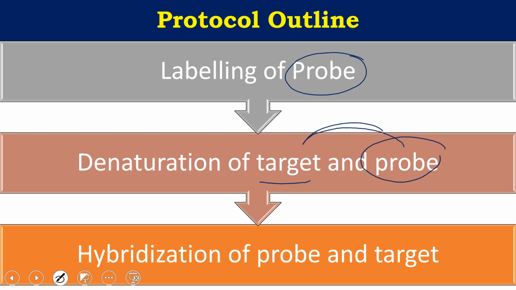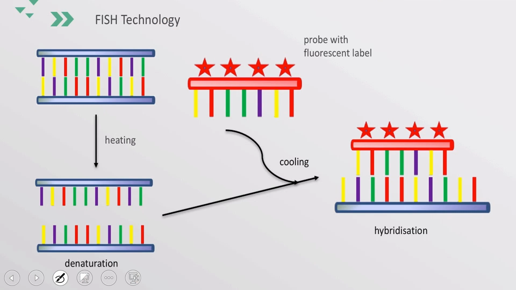Ultimately you will have the original target DNA hybridized with the probe, so you can find where the probe binds on the target DNA. This can then be visualized by microscopy, either confocal or fluorescent microscopy.